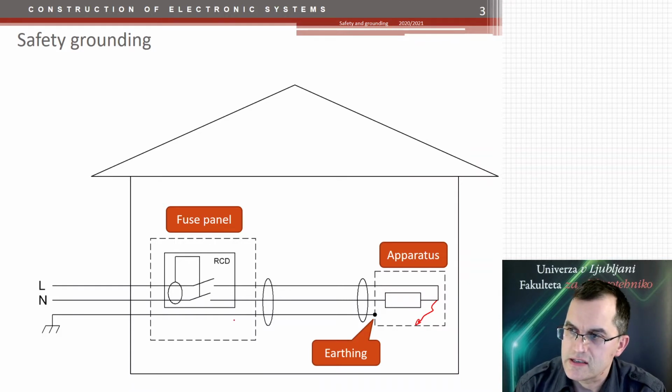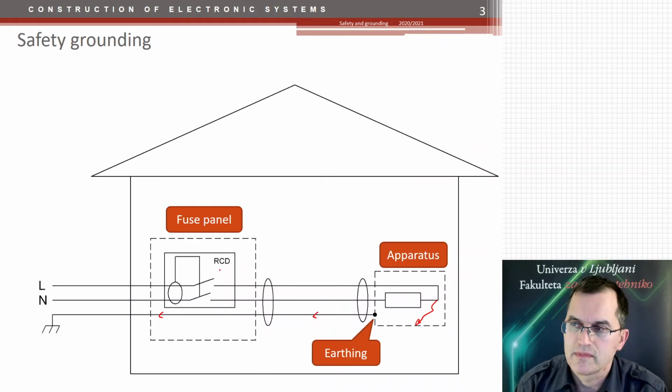And if this case is grounded, then some current can flow through this ground, and that current flows through this fuse panel. Inside the fuse panel, we have so-called residual current disconnect device.